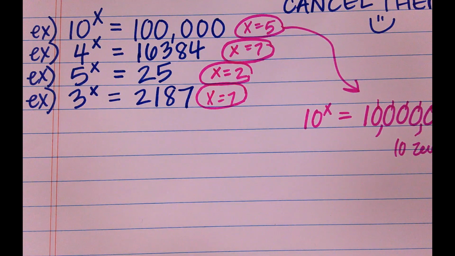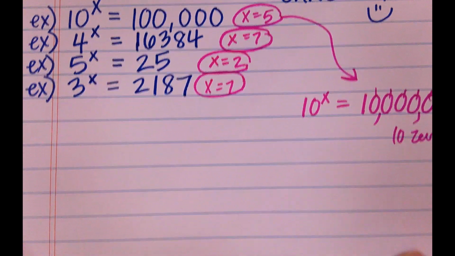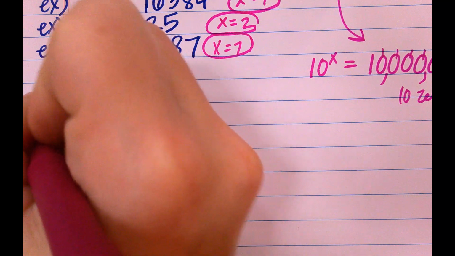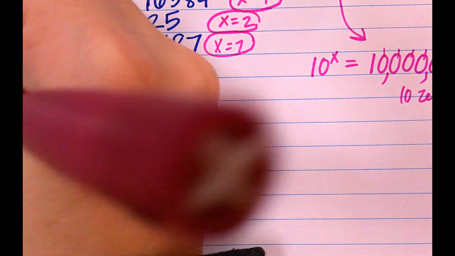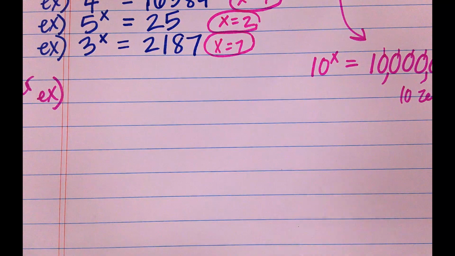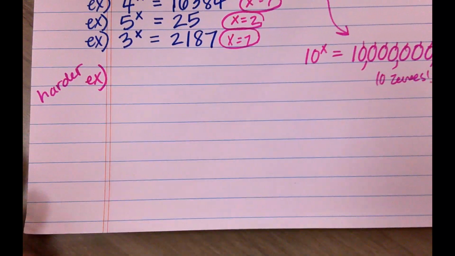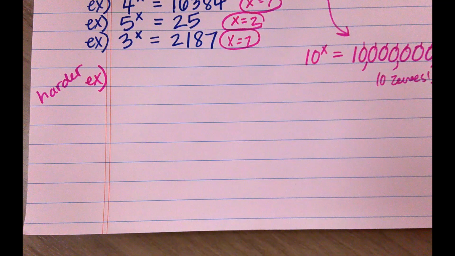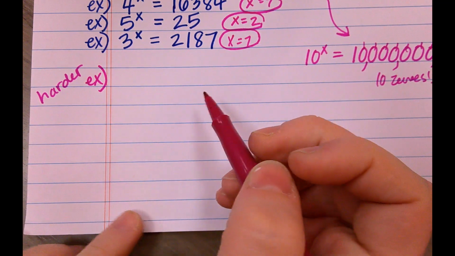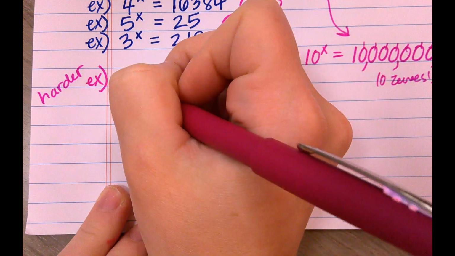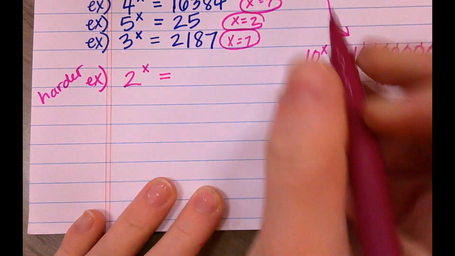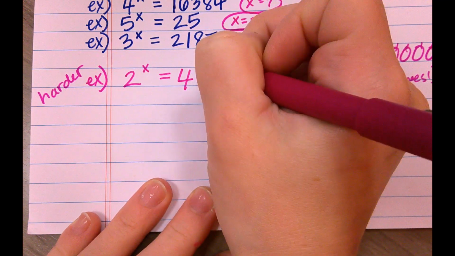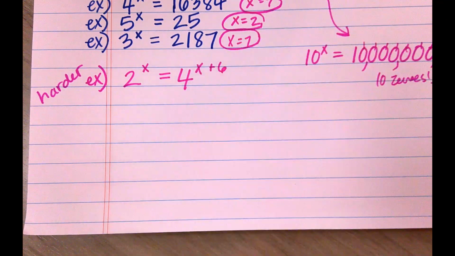I'll give you an example of one. Let's see. Here's a harder example. What if I had 2 to the x power equals 4 to the x plus 6?